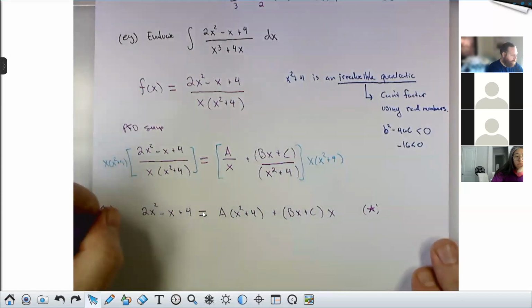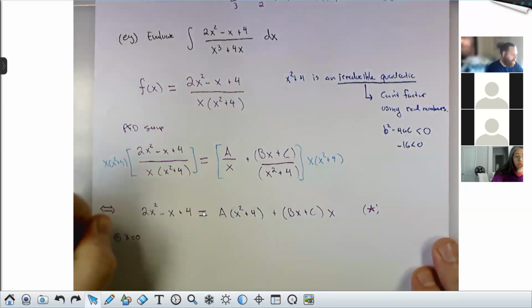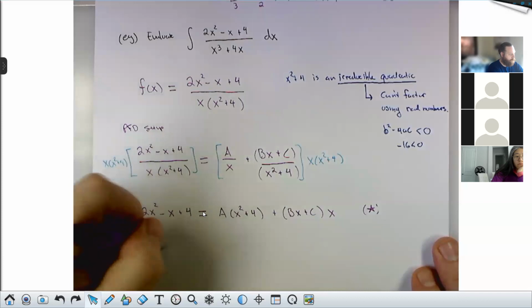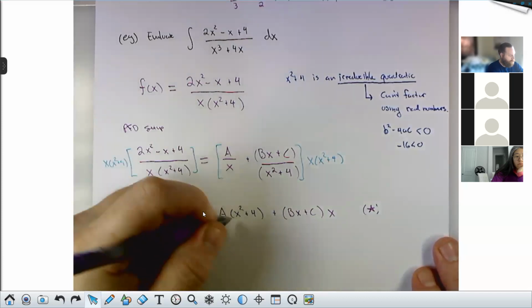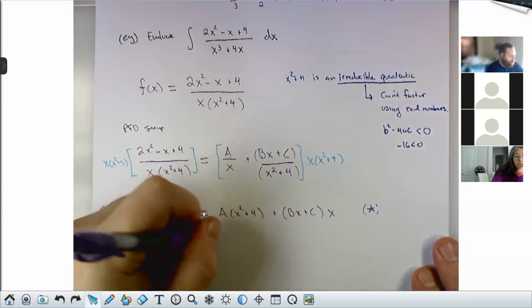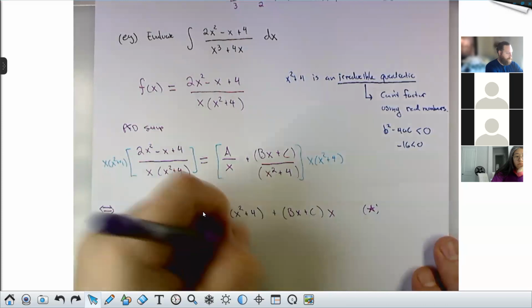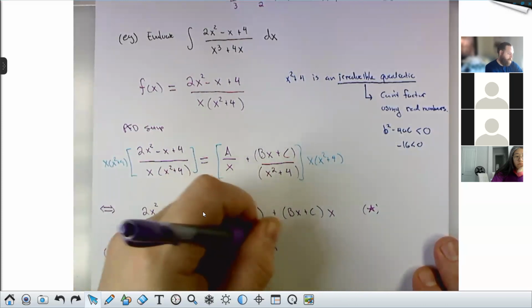So if I evaluate this at x equals 0, I get 2 times 0² minus 0 plus 4, which is just 4, equals a times 0² plus 4, which is 4. This whole thing goes away because you'd have 0b plus c times 0. Dividing both sides by 4 here, you get a equals 1.